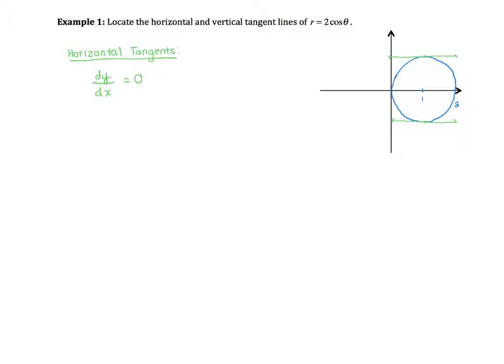And when will that happen? Well, when our numerator is equal to 0. So let's just remember that dy dx for any polar graph will be given by f prime of theta sine theta plus f of theta cosine theta over all of this.